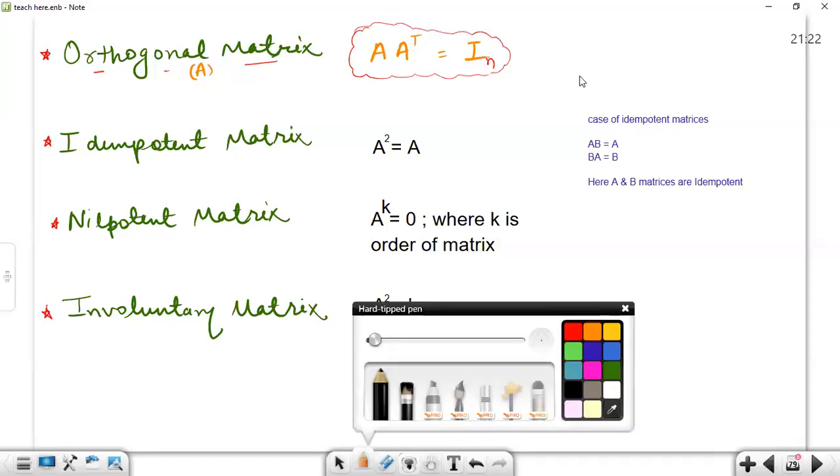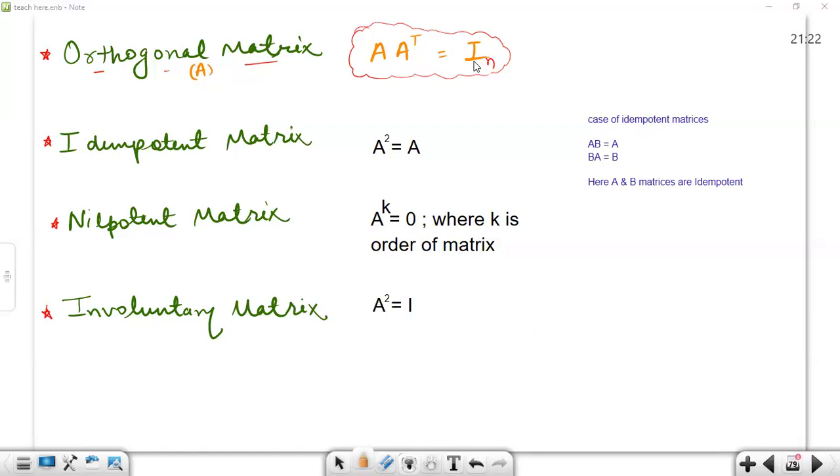Let's solve this further. A into A transpose is identity matrix. So let's multiply the inverse matrix of A. Let's do a pre-multiplication, so we'll multiply A inverse priorly. Here also A inverse into identity matrix. Now A inverse into A will make an identity matrix into A transpose.